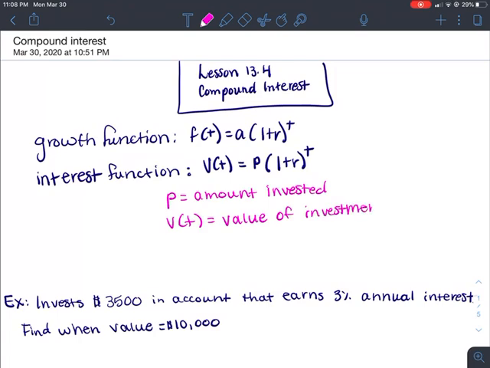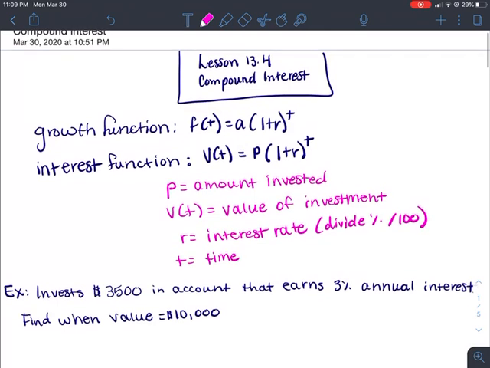R equals the interest rate, and t equals time. Now for R, it's the interest rate, so it usually comes as a percentage. So usually you need to divide the percent by 100, okay? You'll see what I mean when we get to this example.